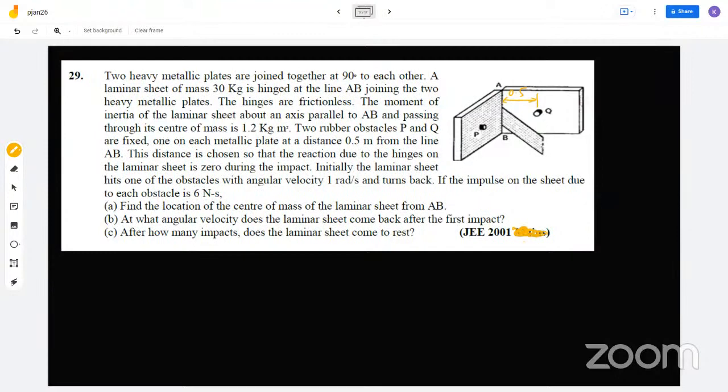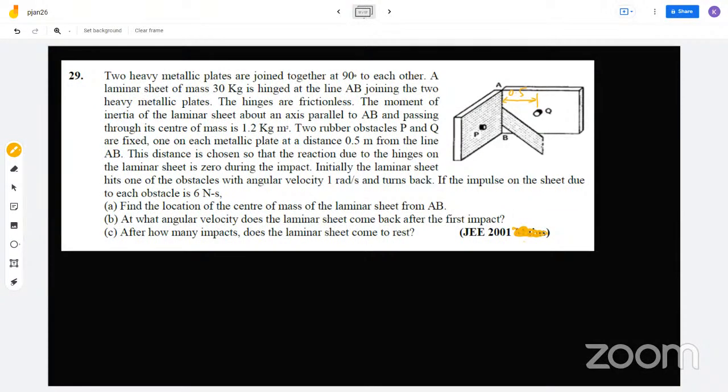One concept we can apply: which concept? Conservation of linear momentum. The hinge reaction is zero during the impact, but the stoppers, which the door bangs on, will have a reaction.